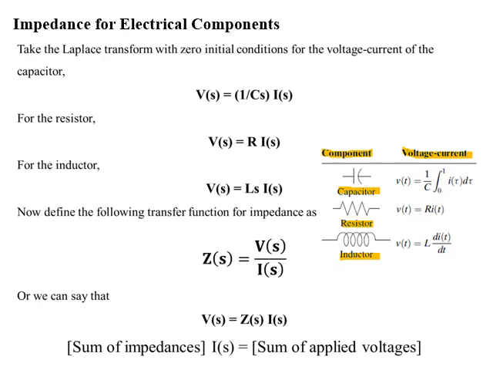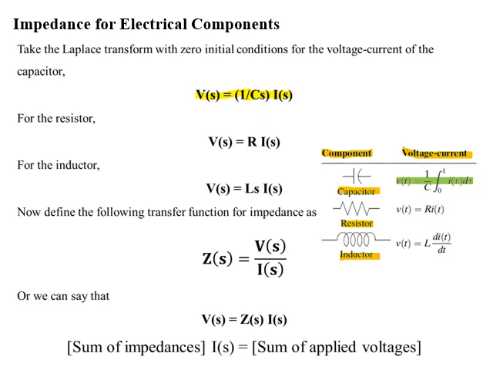Now if we take the Laplace transform of the voltage current relation of capacitor, which is v of t is equal to 1 over capacitance of capacitor multiplied by the integral of current passing through the capacitor, after Laplace transform, voltage across capacitor will be equal to 1 over Cs, which is the impedance of capacitor, multiplied by the current through the capacitor I of s.